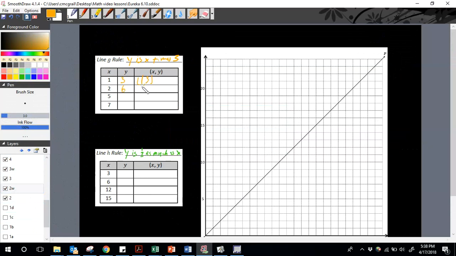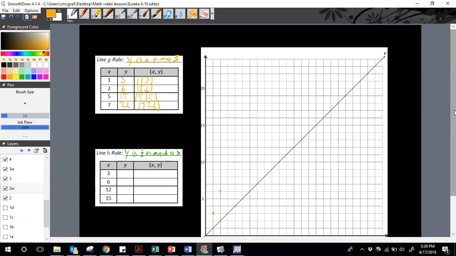2 times 3 is 6, so our coordinate is 2, 6. 5 times 3 is 15, so it's 5, 15. And 7 times 3 is 21, so 7, 21. Let's go ahead and plot that: 1, 3, 2, 6, 5, 15.